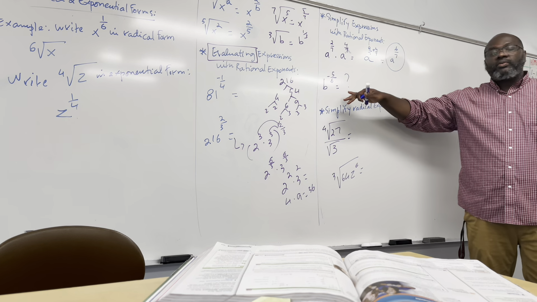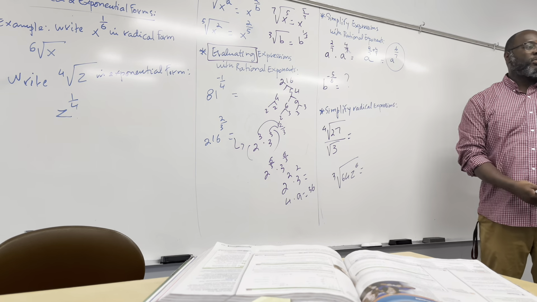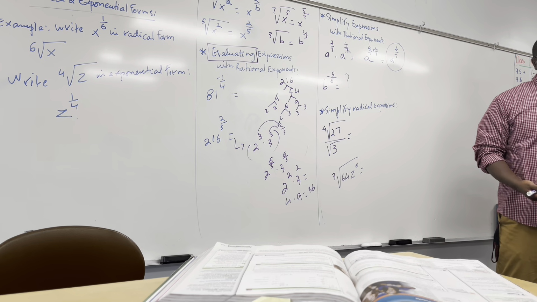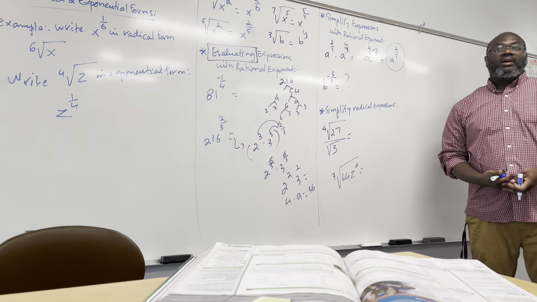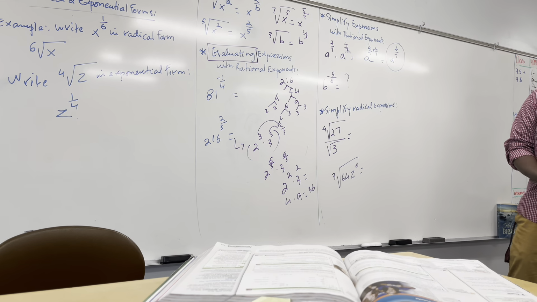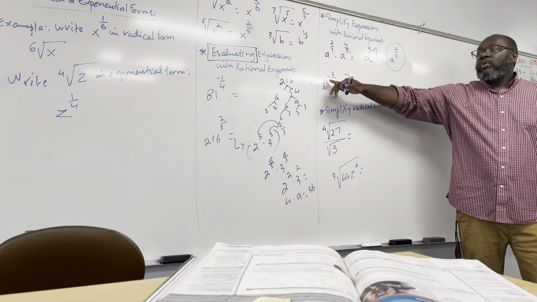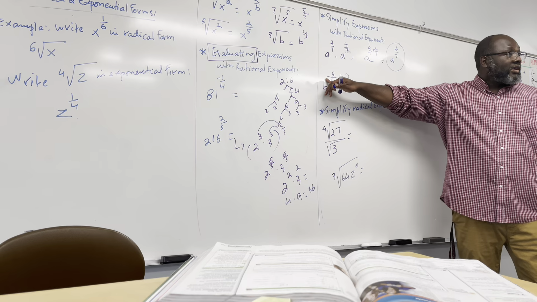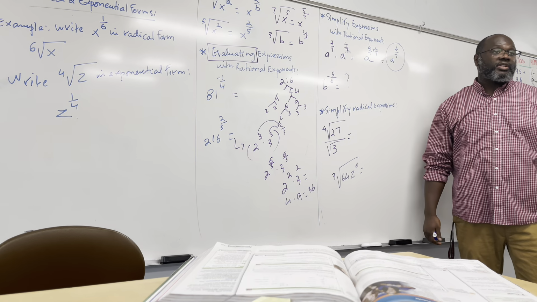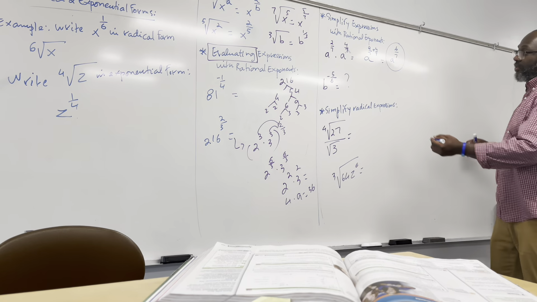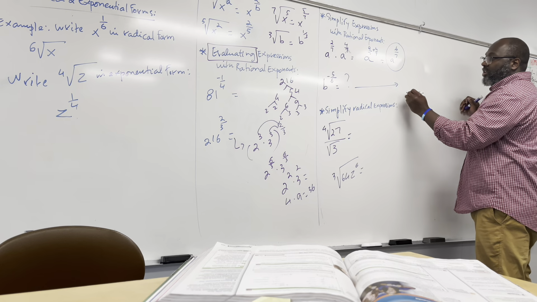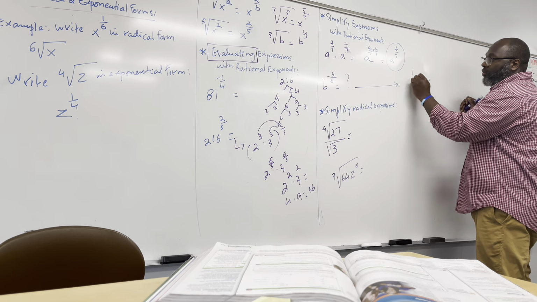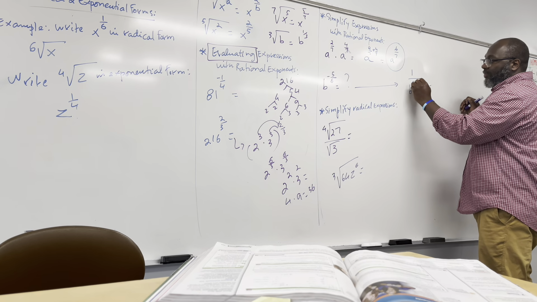Now the next one is going to cause us to do a little bit more work, because again we're going to have to use the conjugate expression here. What kind of exponent is this? Negative. I have a negative exponent, so my first transformation is to turn this into a fraction. That's going to give me 1 over b to the 5 over 6.